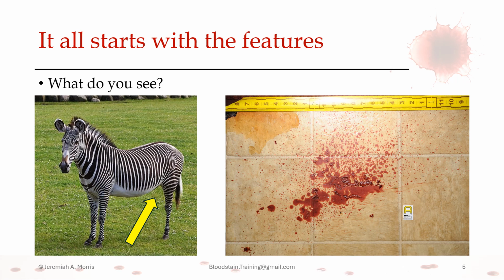For example, with that zebra, did you pick up that we were missing a leg? This here's an actual three-legged zebra. And when we look at the bloodstain pattern, did you see that there was a void within the lower right corner of this overall pattern? When we jump to conclusions, this is something that we can easily miss.